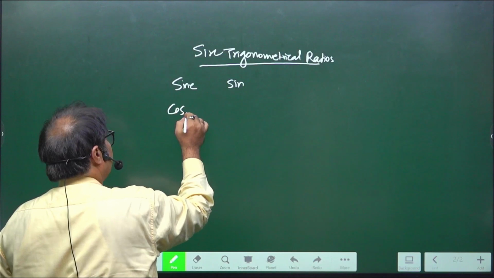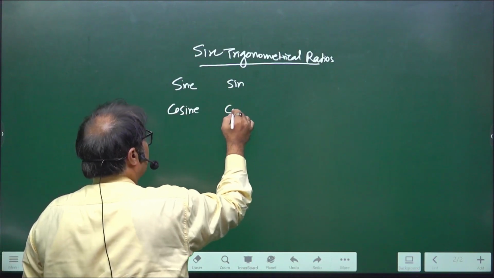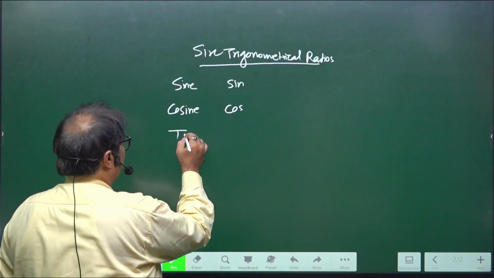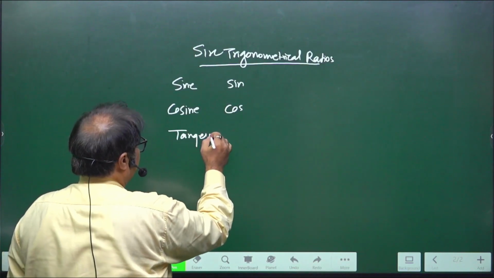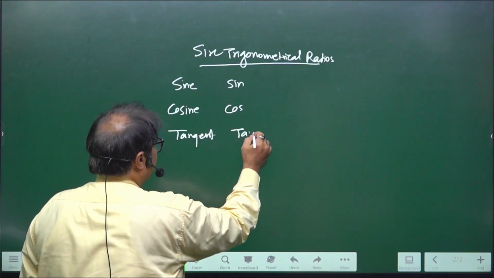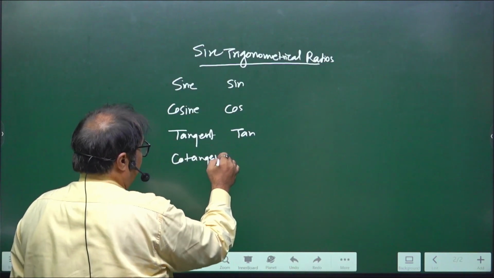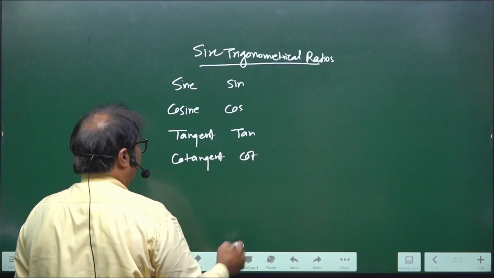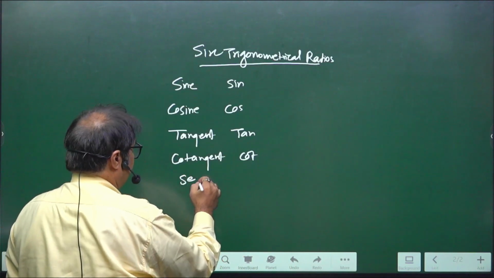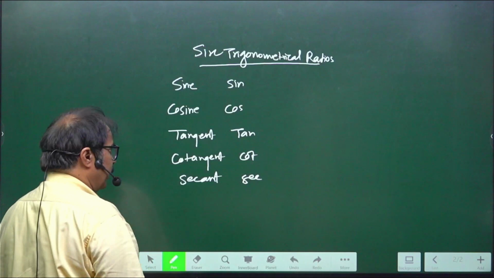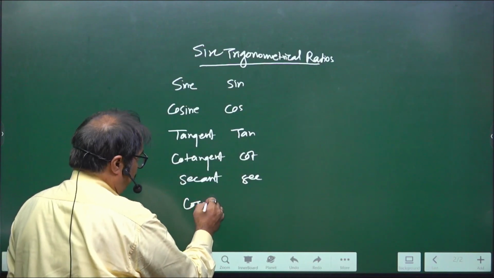Then the second one is cosine. So in the short, we will take first 3 letters, that is cos. Then next is tangent. So the first 3 letters is tan. Then cotangent. So this we will take cot, and then secant. So first 3 letters will be sec, and now cosecant.